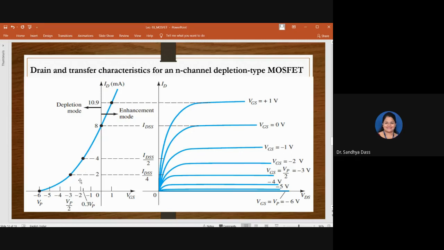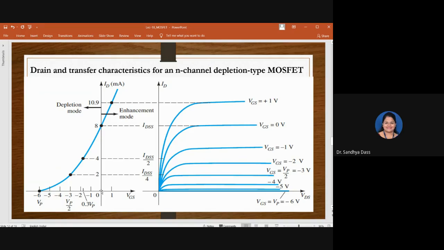Wherever there is intersection, that point will be your point of VGS. Say, for example, VGS is equal to 0. I will extend this line towards the left, and if I intersect to the y-axis, this will be my VGS equal to 0 point.